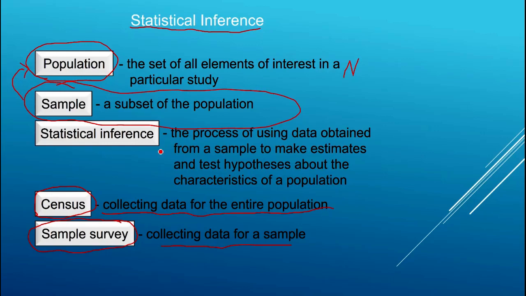So statistical inference is the process of using data obtained from a sample to make estimates and test hypotheses about the characteristics of a population. In this course, we're always going to denote the size of the sample, as opposed to capital N for the population, with a lowercase n. It should be clear that the size of the sample will always be less than the size of the population.